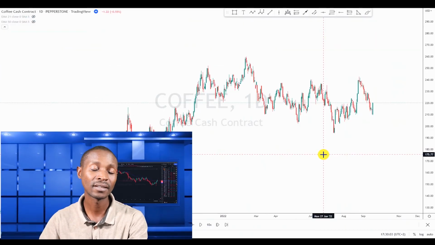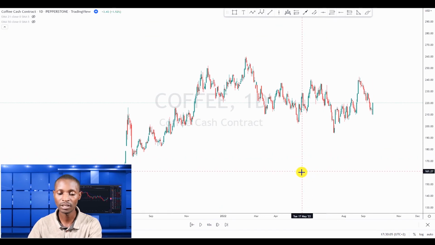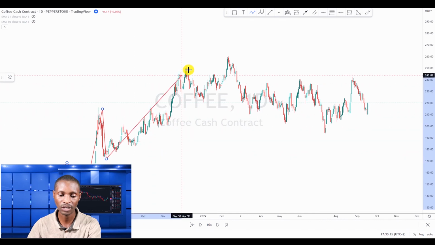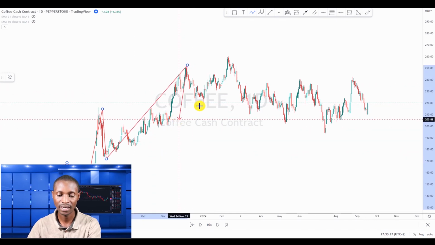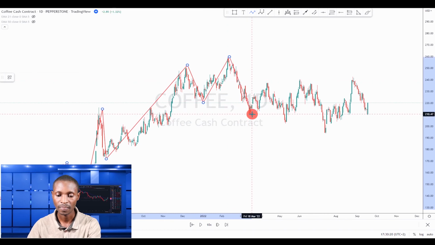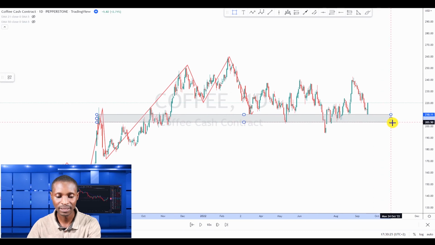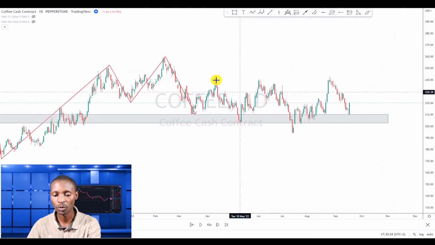To show that this concept will not always work, which emphasizes that you have to do proper risk management, let's take an example on coffee. On a daily time frame, you see that coffee is currently in an uptrend because it was making a series of higher highs and higher lows, and it is now trading above this nice support here.